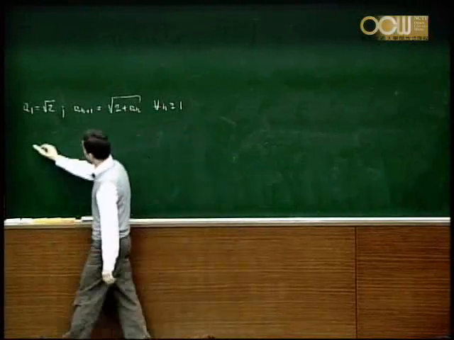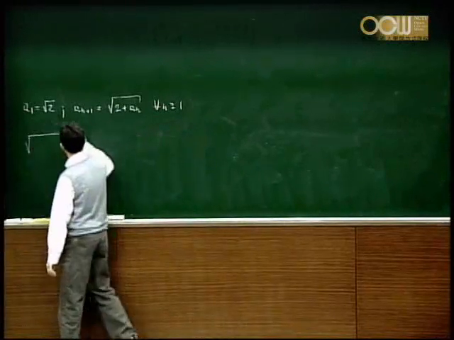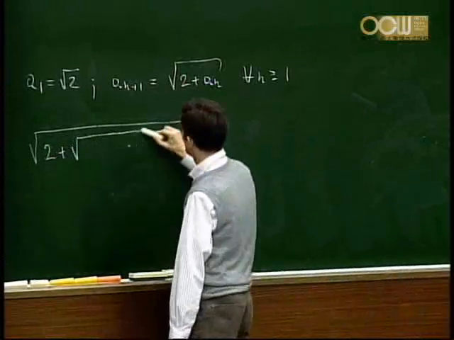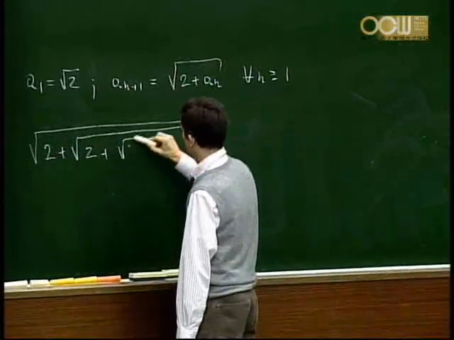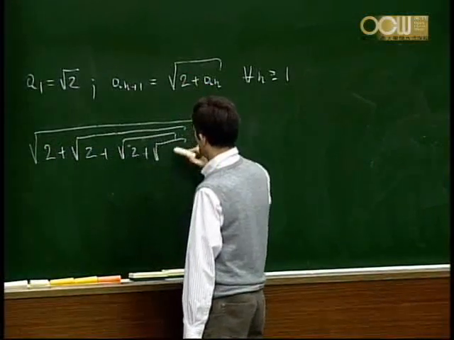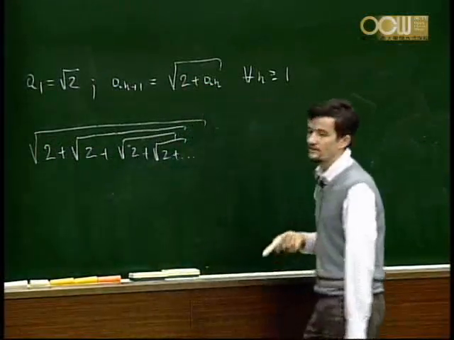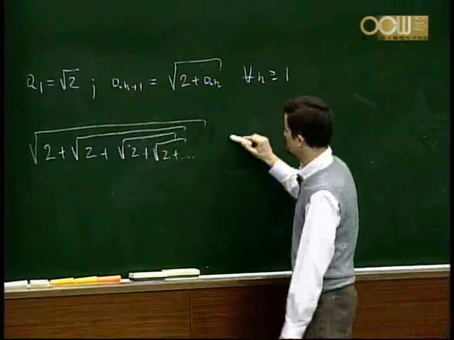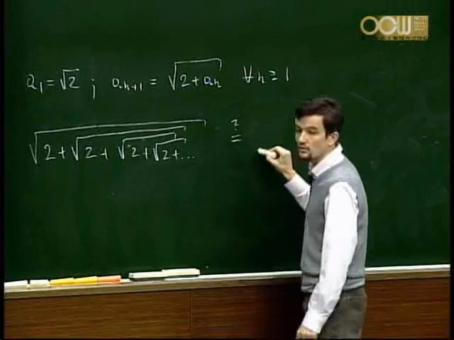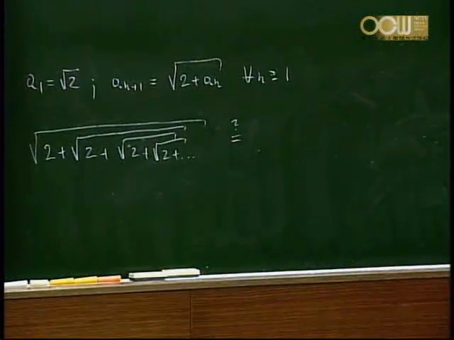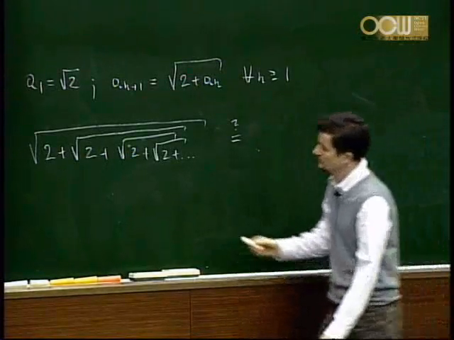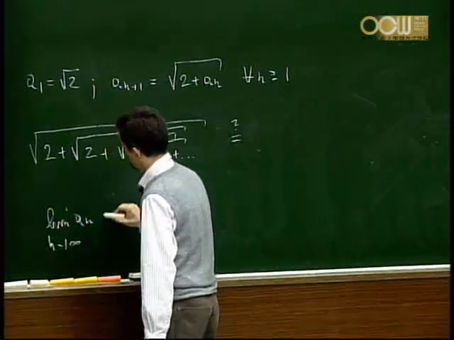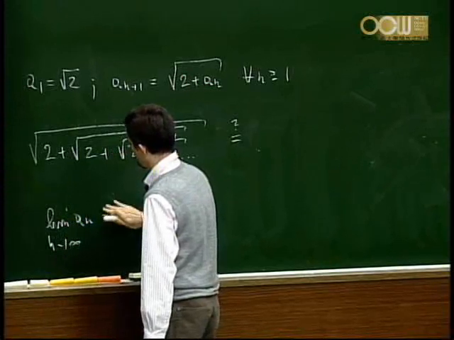This is asking the question, if you look at this kind of thing and you go on forever, does this expression have a value? It's the same question. This is the same as asking for the limit here. Does it exist?